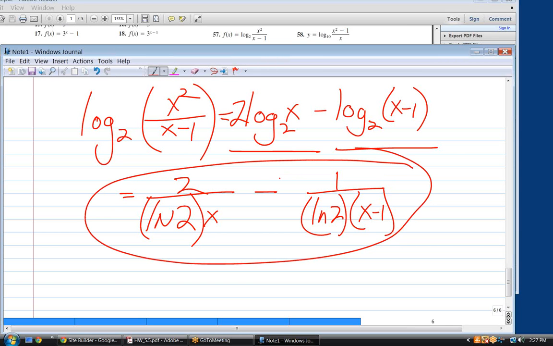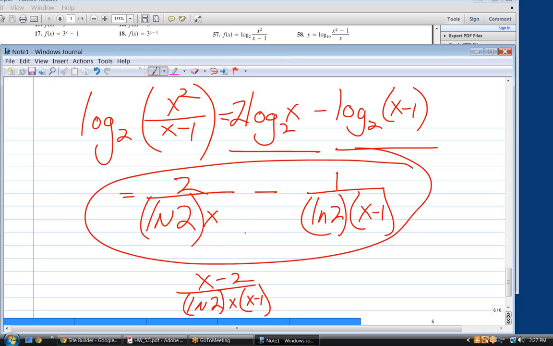Because I could see all kinds of other possible answers here if she tried to put it back together. She did put it back together. And when she put it back together, she got x minus 2 over natural log of 2 times x times x minus 1.